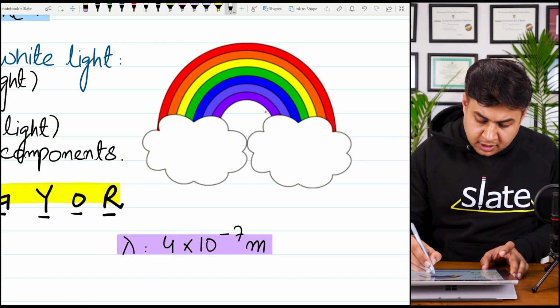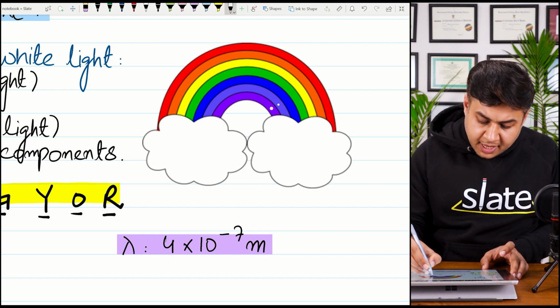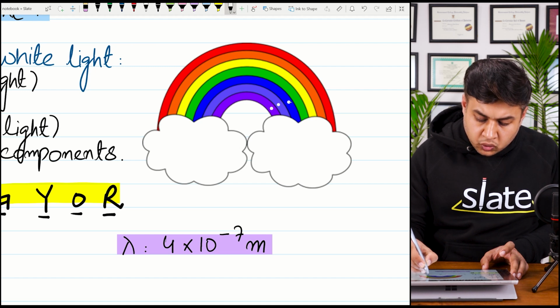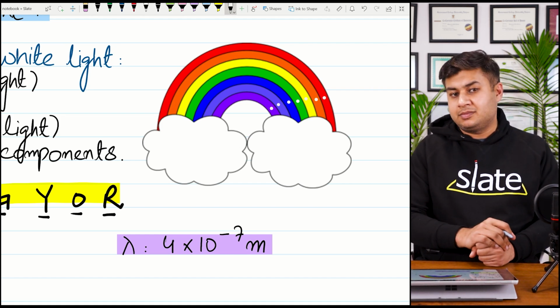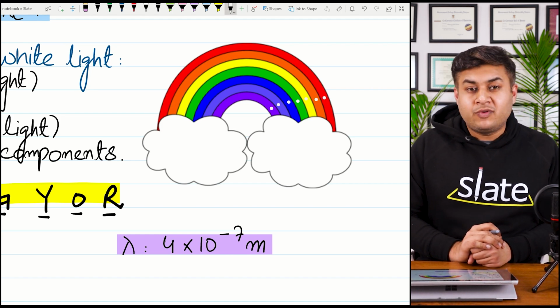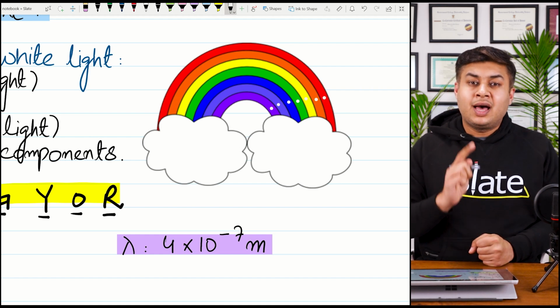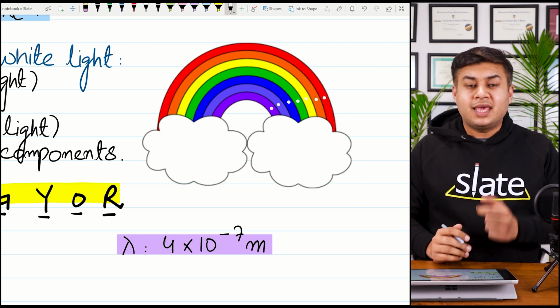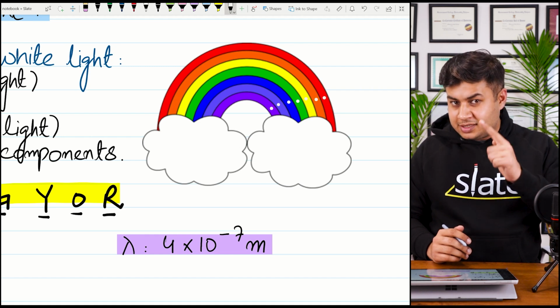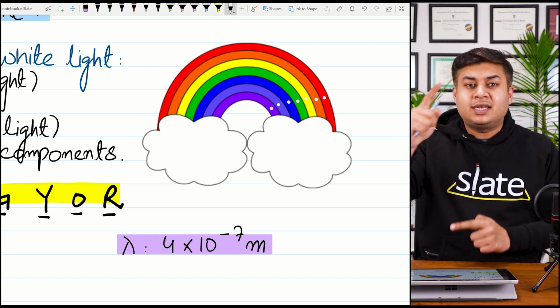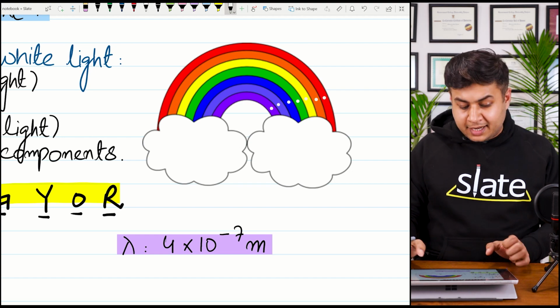The innermost color is violet, then indigo, blue, green, yellow, orange, and the outermost color is red. Next time you see a rainbow, you must note which is the innermost color, violet, and the outermost color, red.